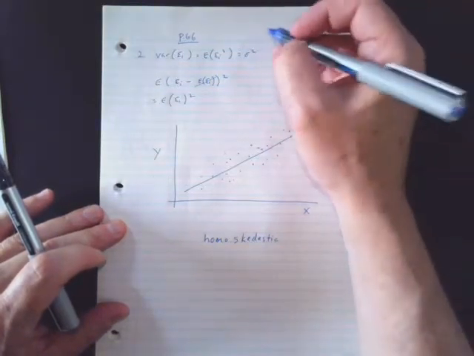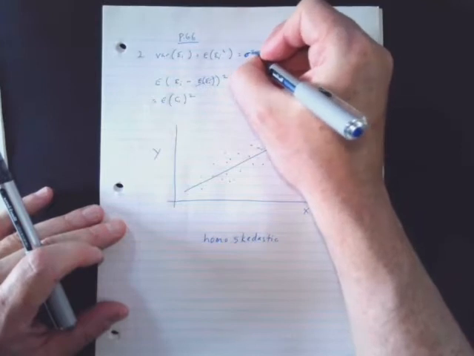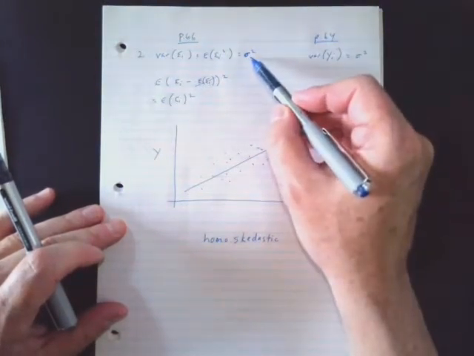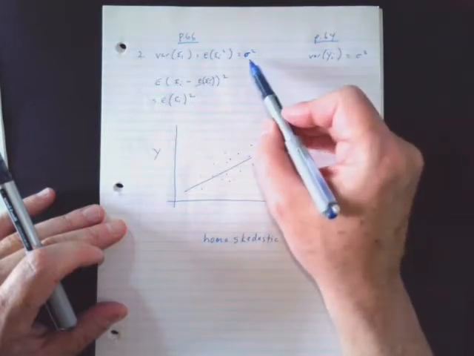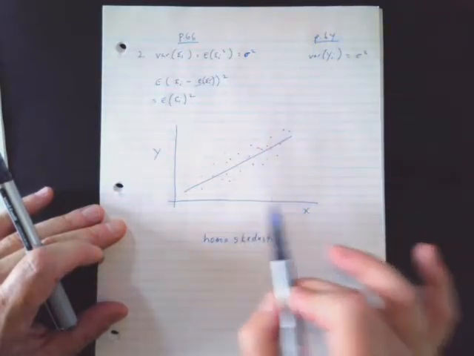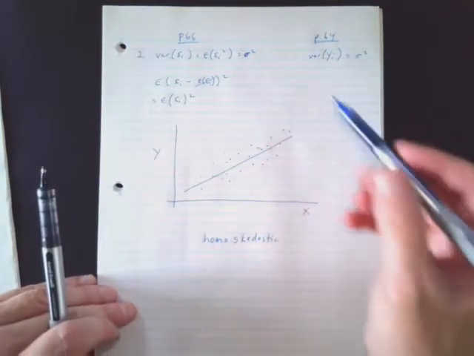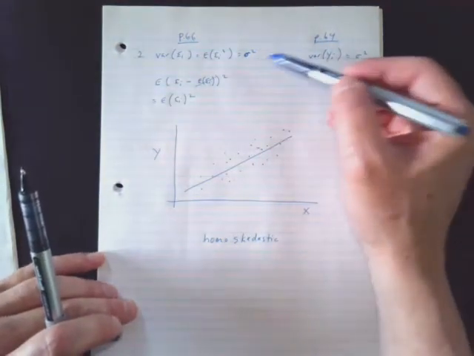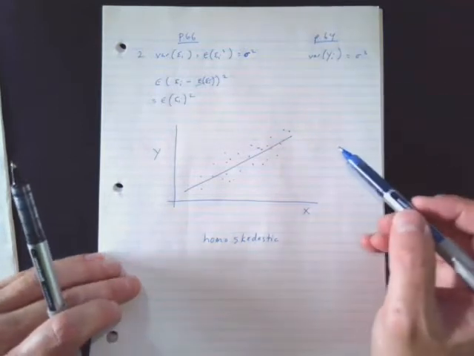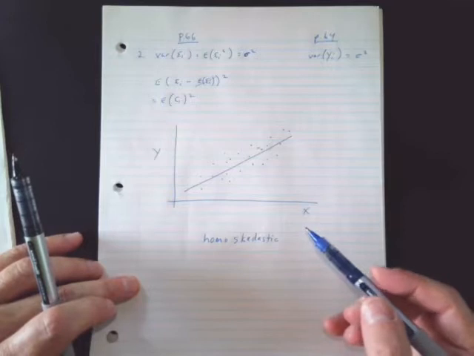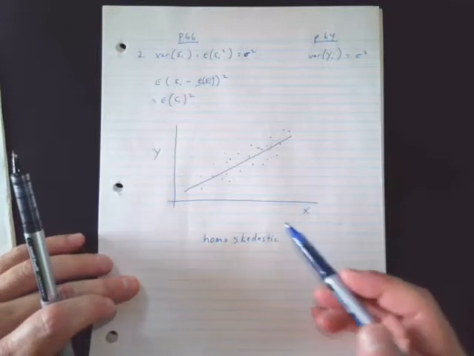So we write that by saying it's a number, which we call sigma squared, and there's no subscript on there. And because there's no subscript, that means it's the same everywhere in the sample. So the variance of the error term is a constant. The constant happens to be called sigma squared, and that means we have a homoskedastic error term.